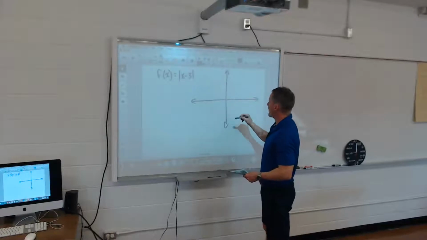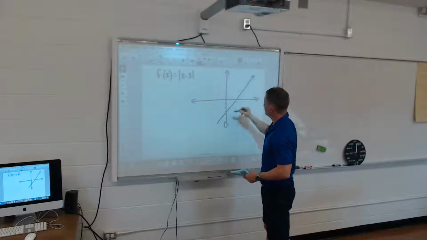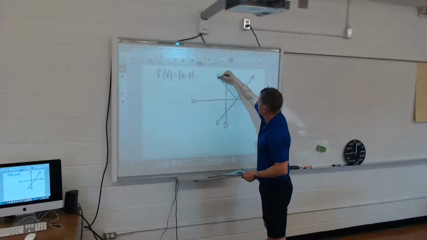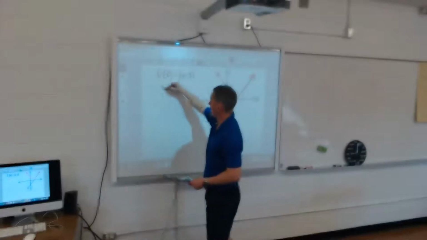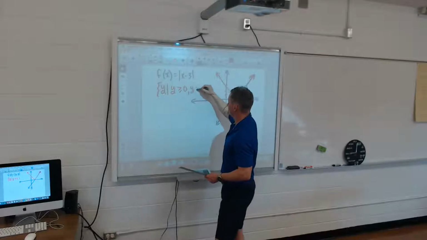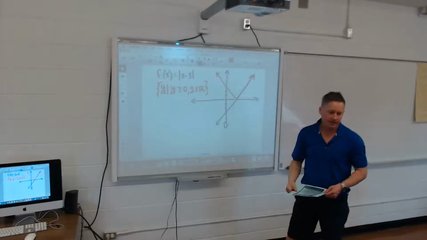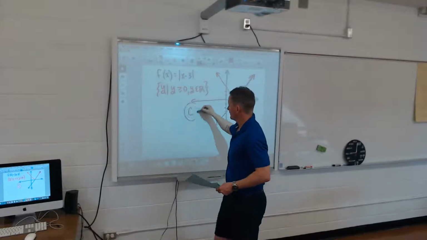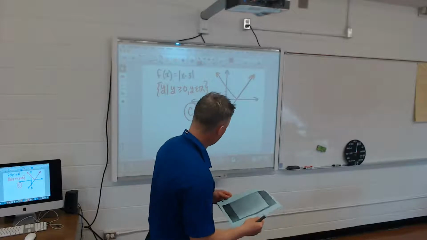If I graph it, I graph x, then x minus 3, up 1, right 1. That's my original. My new graph is the reflection. Therefore my range for this graph is y is greater than or equal to 0, y is an element of all reals. So in this case, that was C.